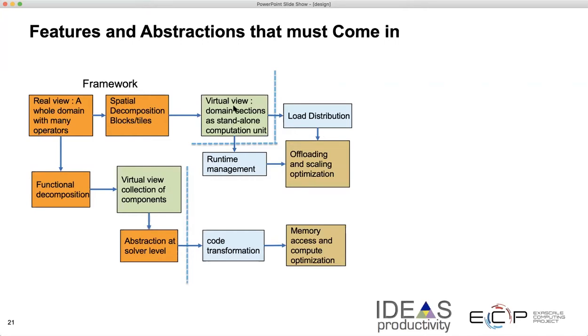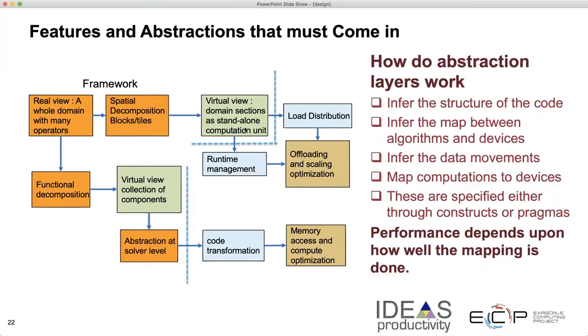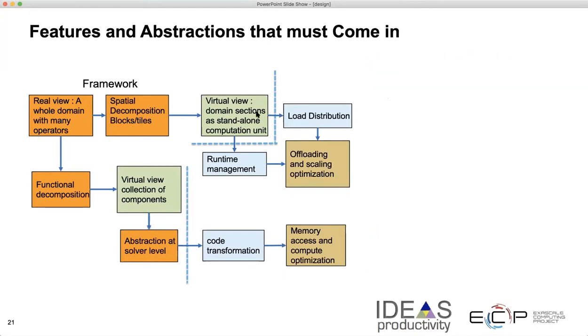The virtual view, which was domain sections as standalone computation units, now needs added abstractions, and therefore a more finer grained API for runtime management, because now we also have to deal with data being moved between devices. The load distribution is not as simple as just distributing it on different memory, different MPI ranks. There are other considerations for load distribution. And so the offloading and scaling optimization is a lot more complex.